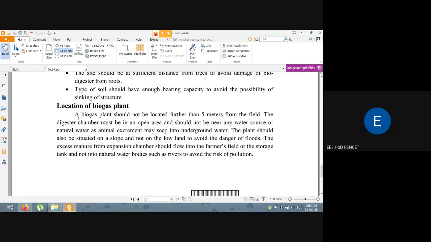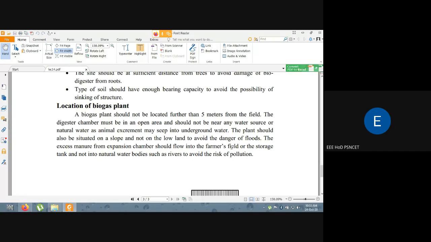A biogas plant should not be located within 5 meters of the field. The digester must be in an open area and should not be near any water sources.